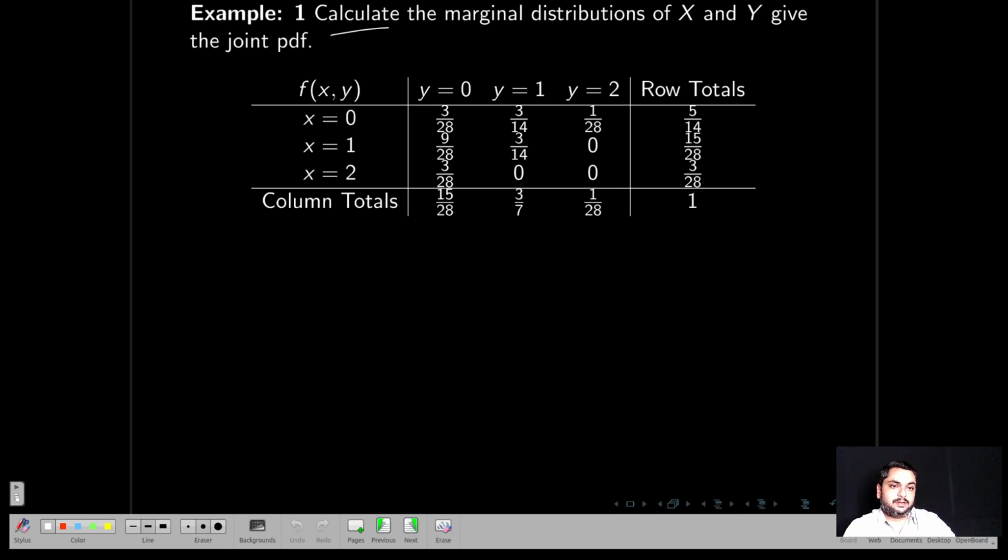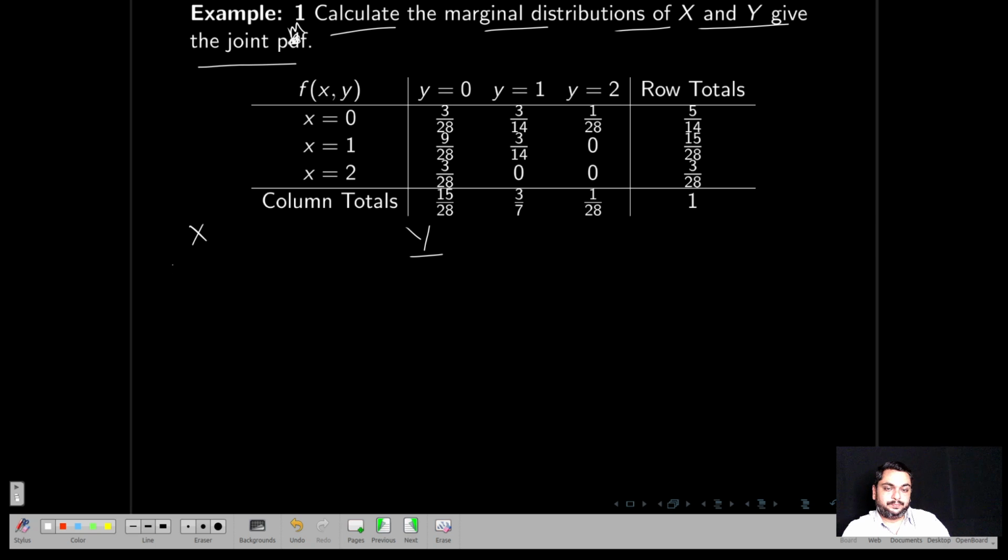Calculate the marginal distributions of x and y given the joint PDF. Sorry, it should be PMF because it is discrete. The joint PMF is given, and you find the marginal distributions. There are two random variables x and y.